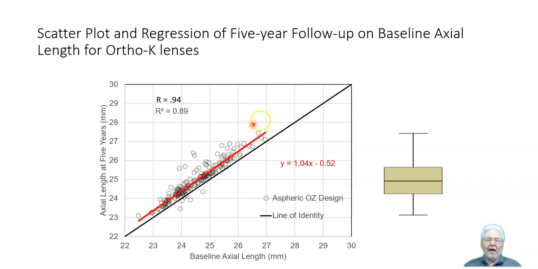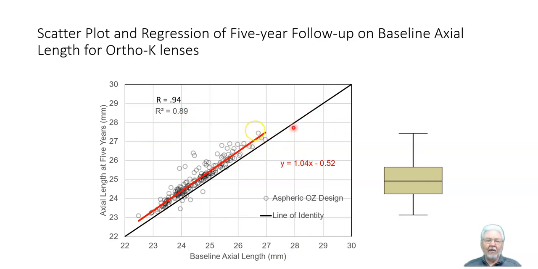The next thing we can see here is this red line. The red line is a linear regression line. This line differs from the black line. The black line is simply a line of identity. So if you were at baseline at 23, the point on this line would be at 5 years 23. Here it's 28 and 28.